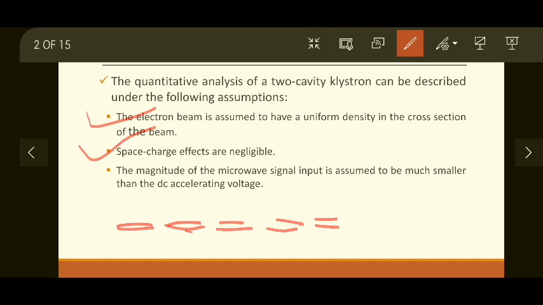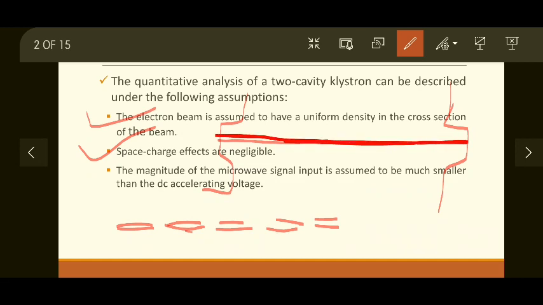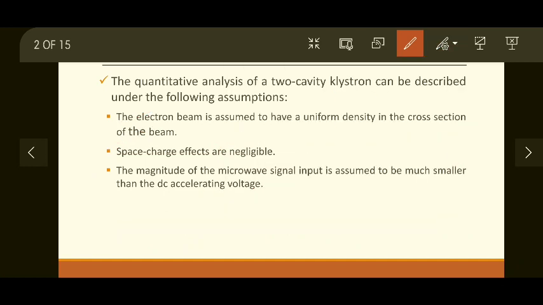The space charge effect means the drift space which is present between two cavities will be free of any kind of electric field. So space charge effects are negligible. There will be no electrons in there. So field free space is available in the drift space, that we are assuming.